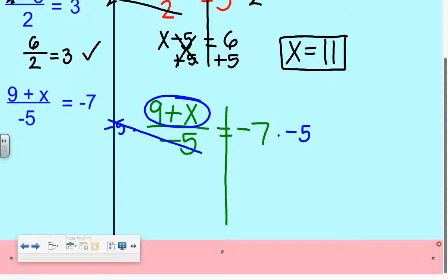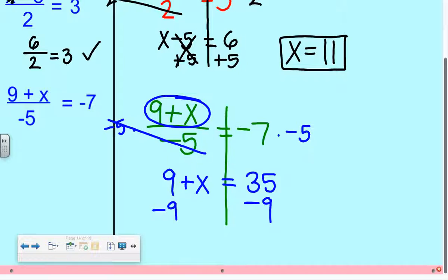So these cancel. Negative 7 times negative 5 is positive 35. Then to isolate the x, we've got to get rid of the 9 by subtracting on both sides. x equals 26.